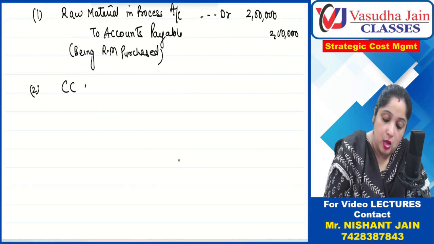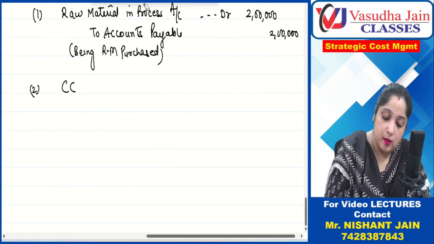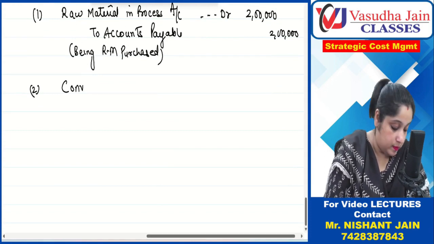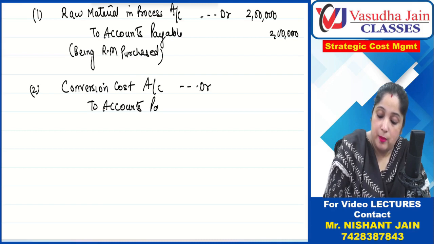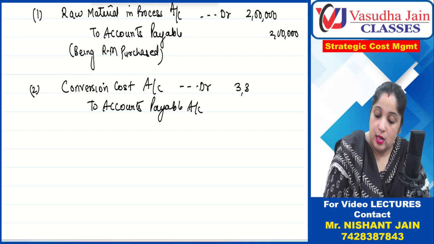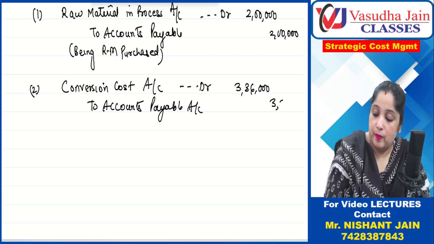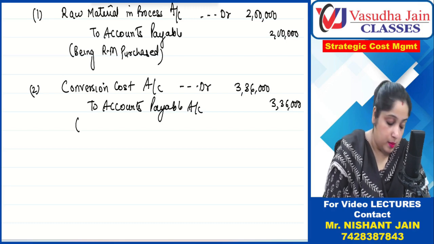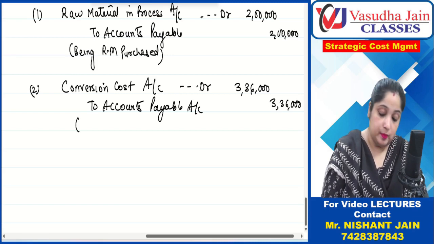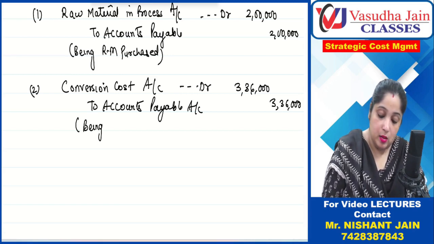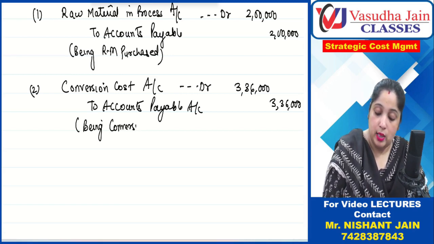So conversion cost account debited to accounts payable account, 3,36,000, being conversion cost incurred.